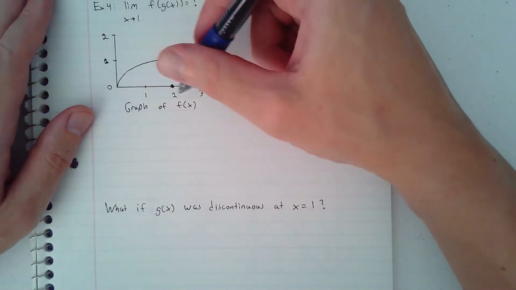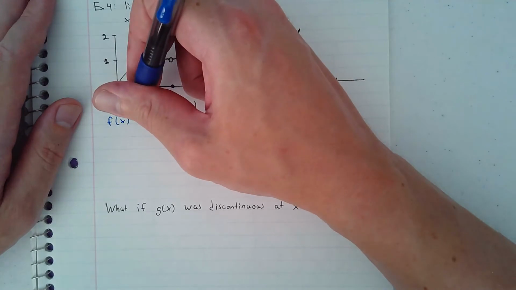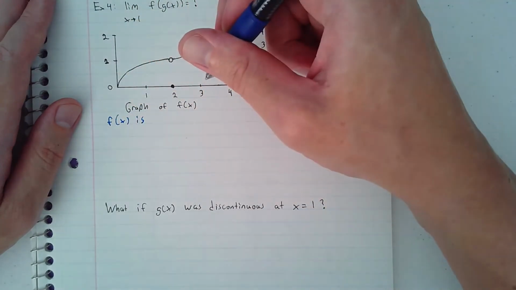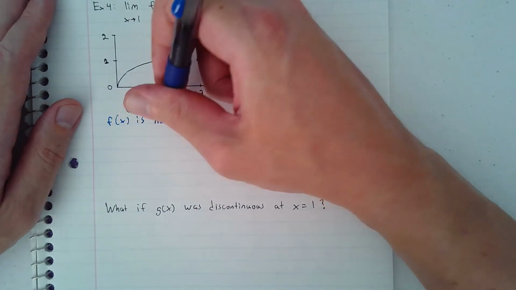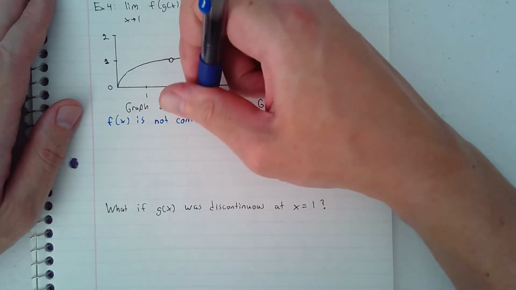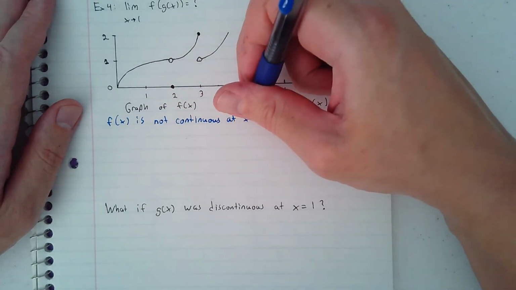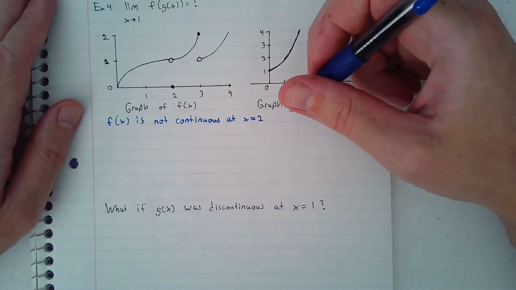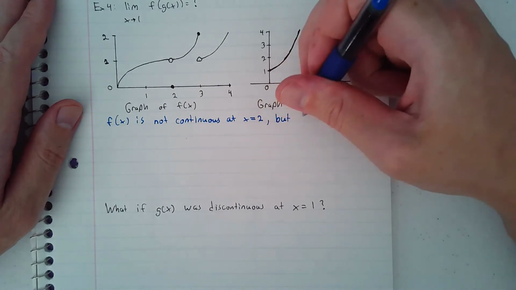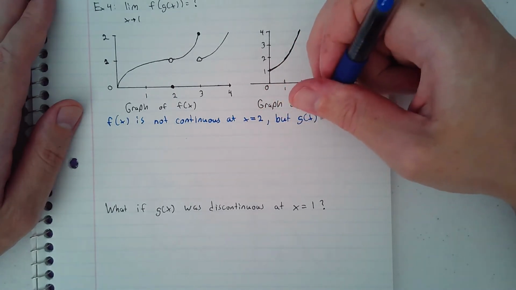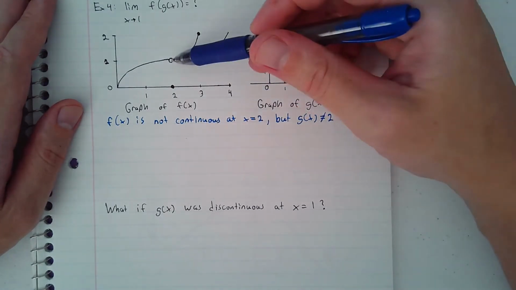So if we look at f of x, we notice it is not continuous at 1, or at x equals 2 actually. So it's not continuous at x equals 2 right here.